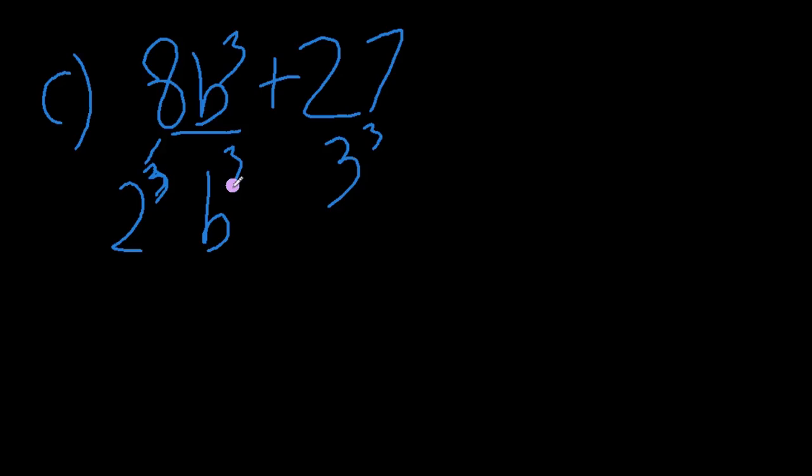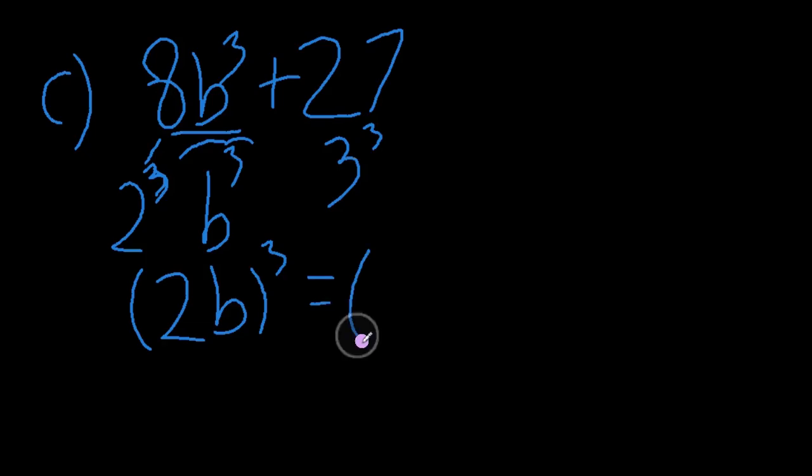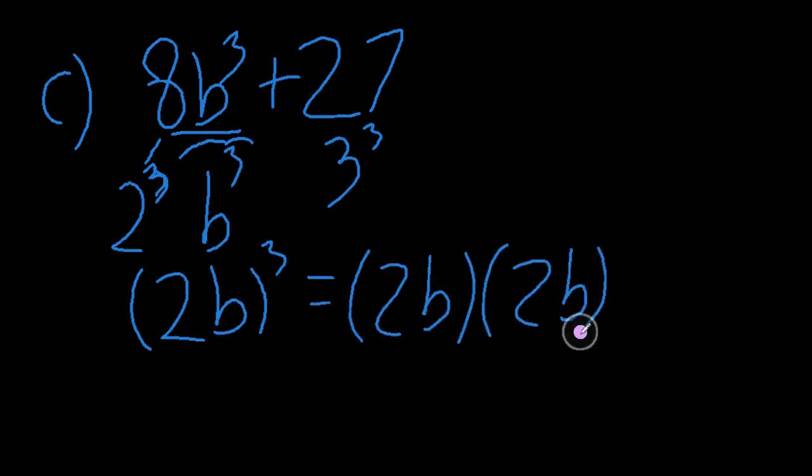And so I can actually factor the cube out in a way, and I can rewrite it as 2 times b quantity cubed. If you don't believe me, you can just rewrite this as 2b times 2b times 2b.